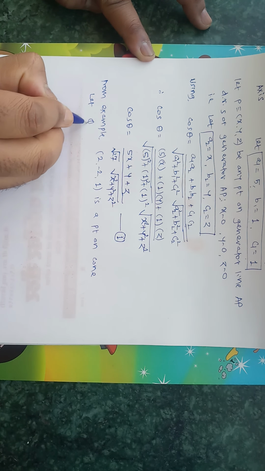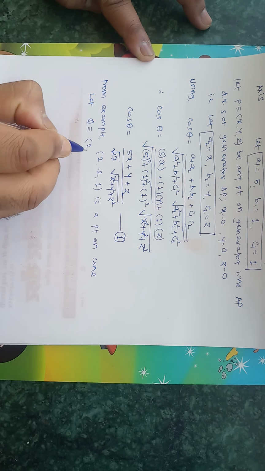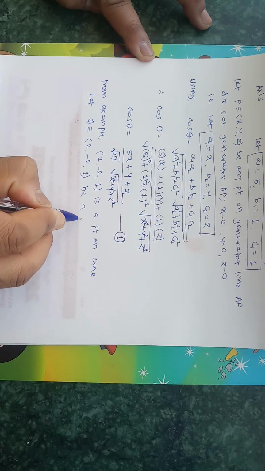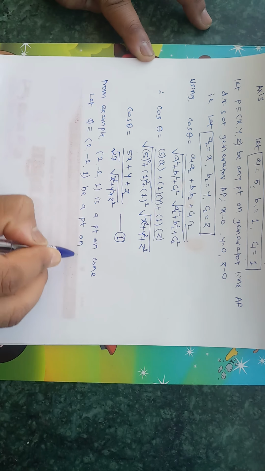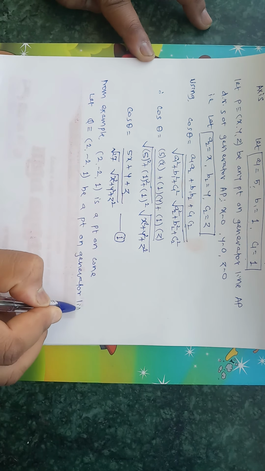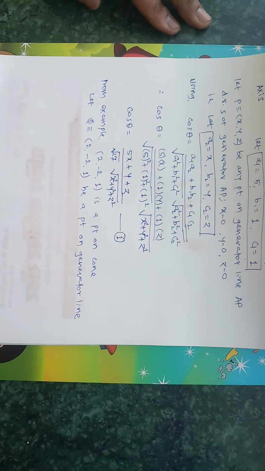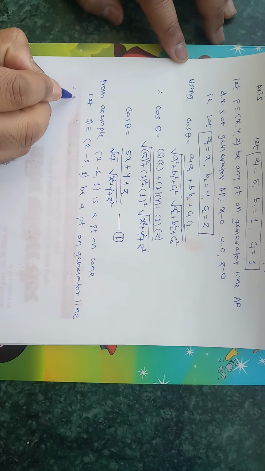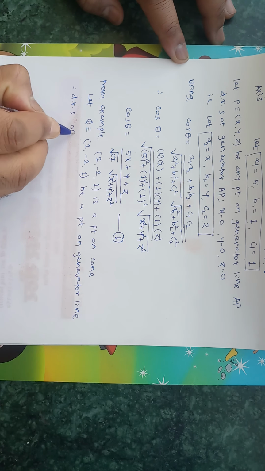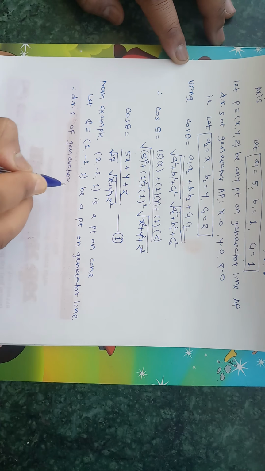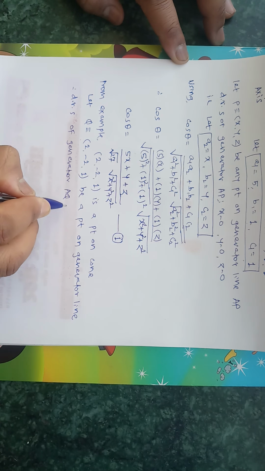Let me denote this point by Q. Q represents (2, -2, 1), a point on the generator line. Similar to AP, now AQ is also a generator line. Therefore, the DRS of generator AQ, actually both are the same.